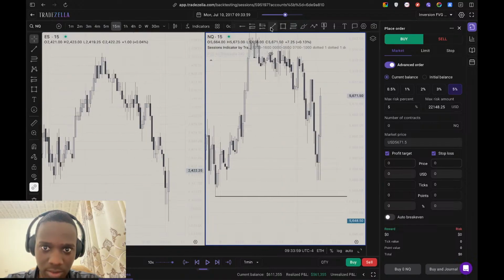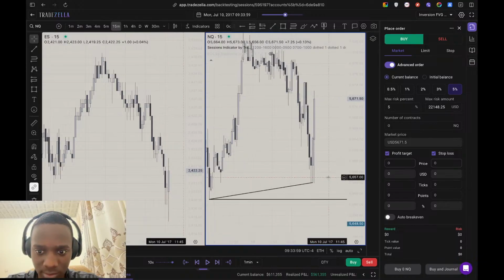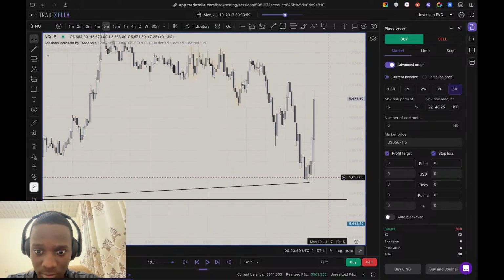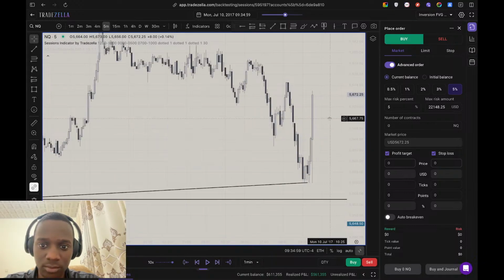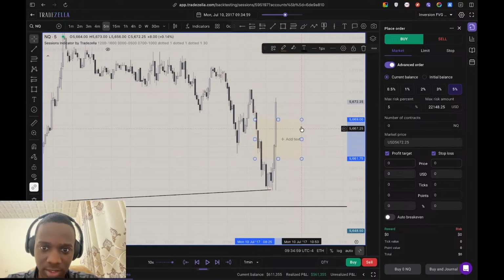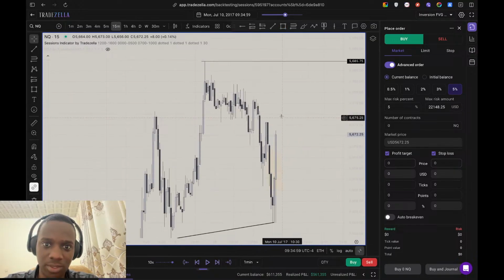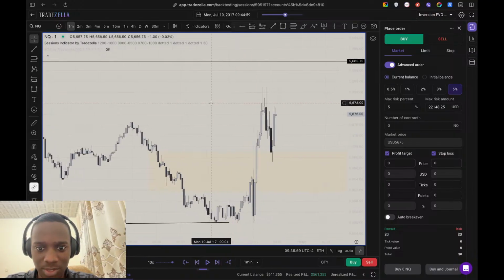Okay, looks like we get a cool SMT here. This is a good 5-minute inversion. But then what will be the draw? Well, it's high, so maybe if you can get some good retracement, then I will try longs without thinking about it.